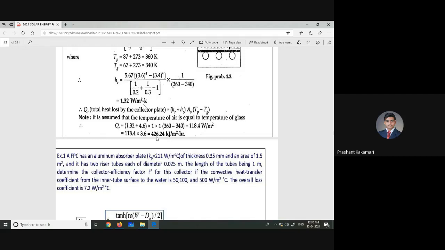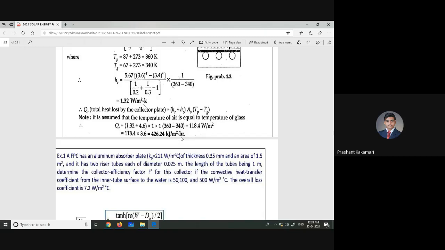That is coming around 426.24 kilojoules per meter square hour, or you can keep it in 118.4 watt per meter square. Any one of the units, but better to keep it in 118.4 watt per meter square, because from the start we are following these units. Then we need to convert that into per hour.